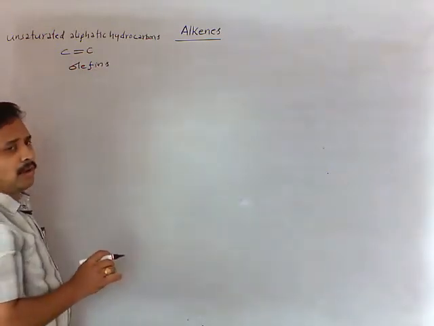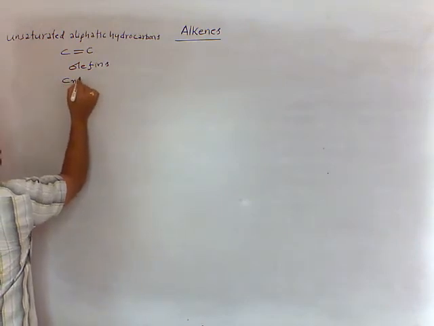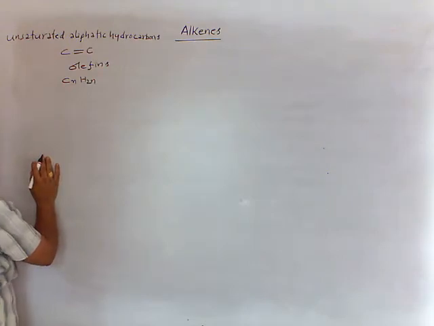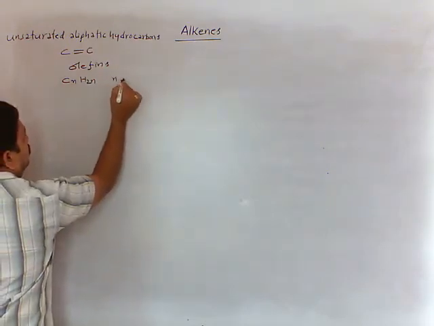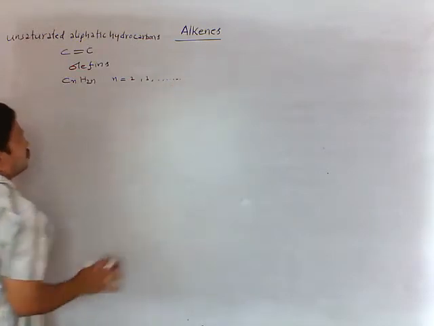General molecular formula for alkenes is CnH2n, n value starting from 2, 3 and so on.